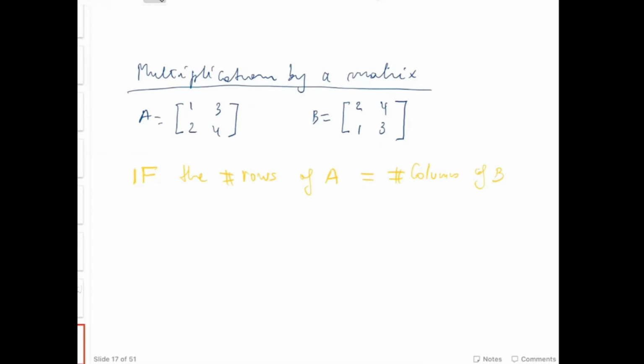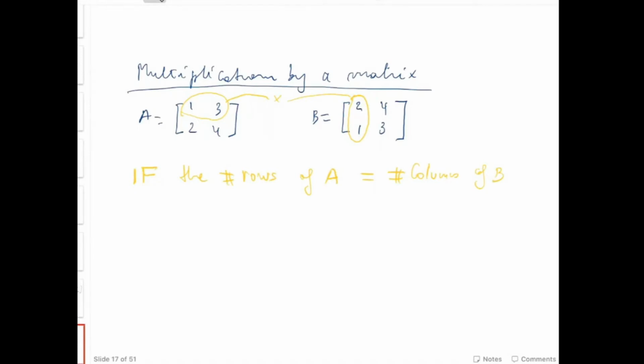What you do is take the first row of A, and then you multiply and add together with the first column of B. That is why the number of columns of A should be equal to the number of rows of B. Otherwise, the operation won't work.